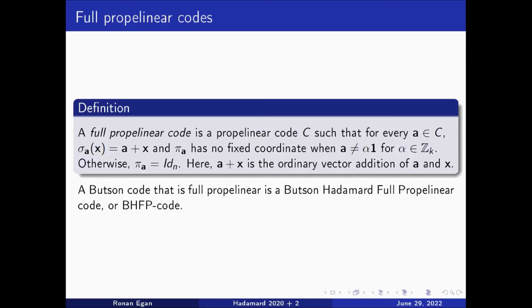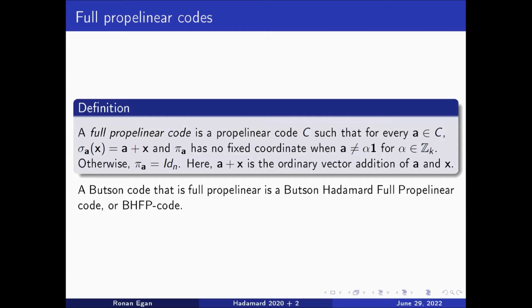The next part of the definition is what we mean by a full propylinear code. This is the last word that I hadn't described in the actual title. A full propylinear code is just a particular type where I do have a specification on how sigma works, and it is exactly like I described in the linear case. My sigma associated to a acts on x by just adding the vector a to x, standard vector addition style.